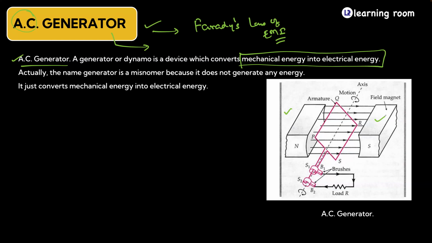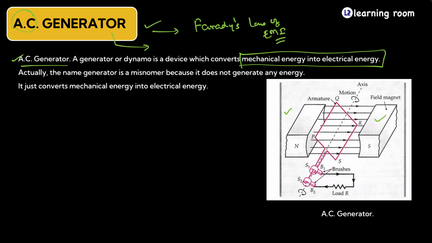See, suppose assume my hand is the coil. This is the direction of the magnetic field. So when the coil and the magnetic field are like this, what is the flux associated with this coil? It is BA cos theta.